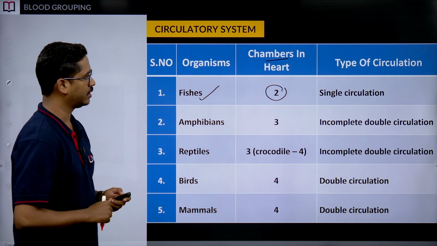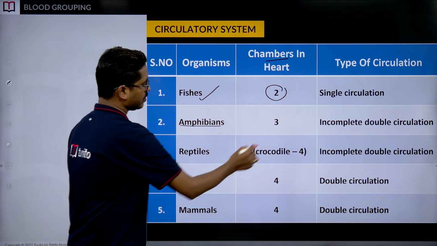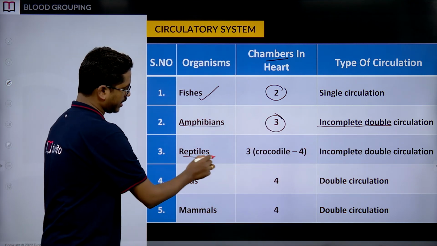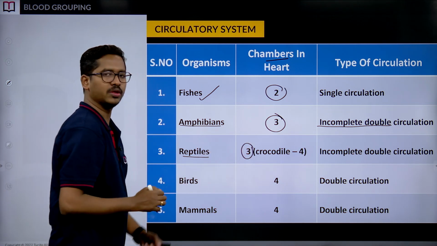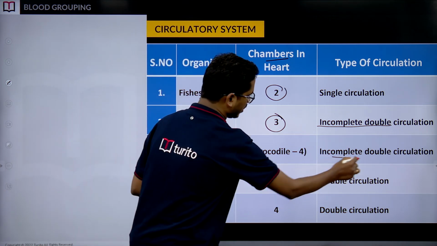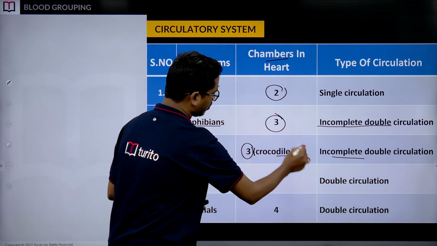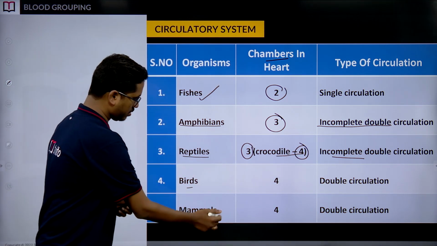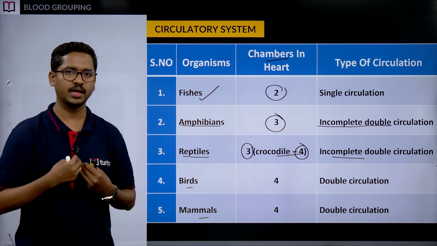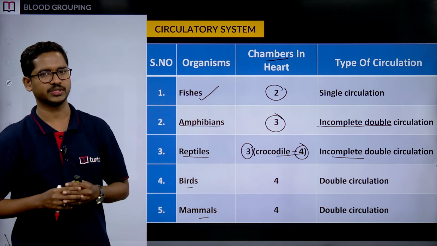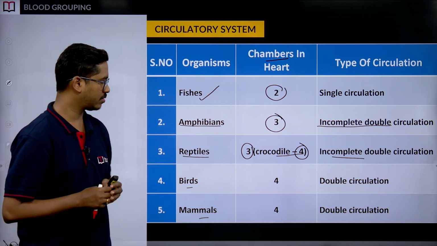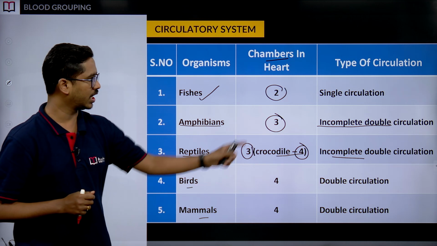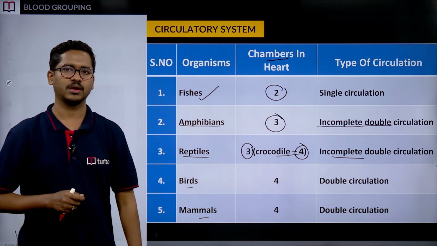Amphibians have a three chambered heart, so incomplete double circulation. Reptiles again have a three chambered heart. Usually they have incomplete circulation except crocodile which has a four chambered heart. Following that, birds and mammals have the same double circulation. So, this is the types of circulation in terms of chamber count.